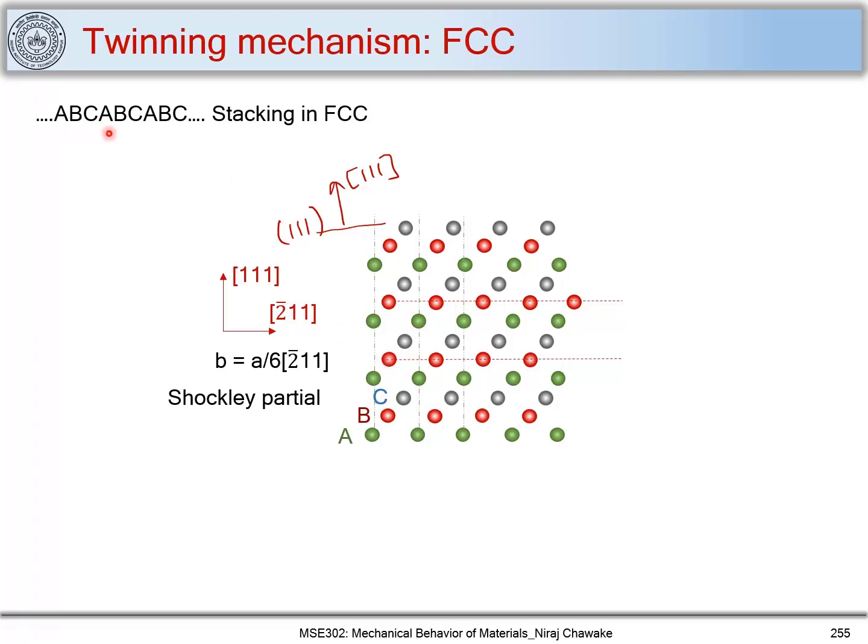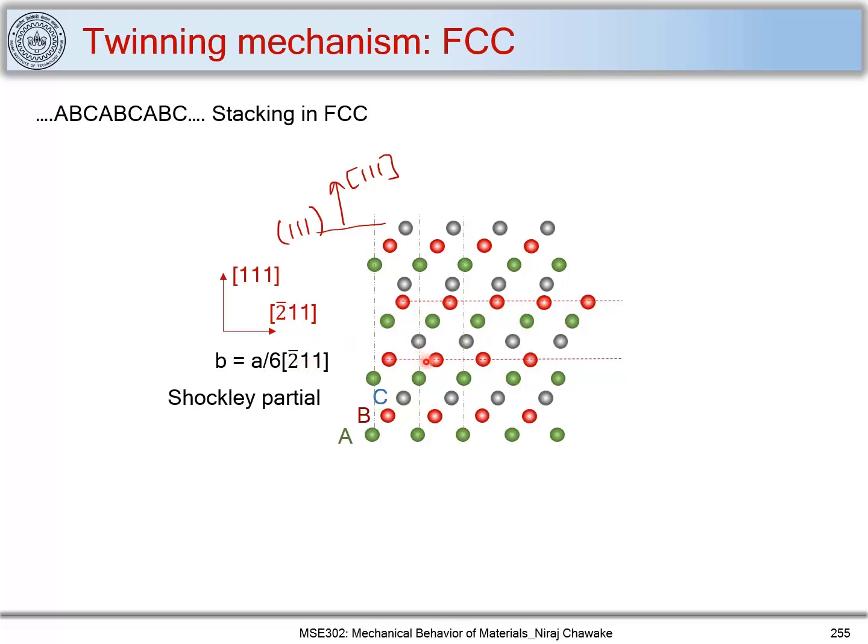So we have this ABC stacking, and we'll now be displacing these atoms, or layers of atoms, by a/6 [bar 2 1 1] in a very disciplined way. Let's do that. You have all these three layers which have glided on this plane. On this red plane, all this top layer has glided by a/6 [bar 2 1 1].